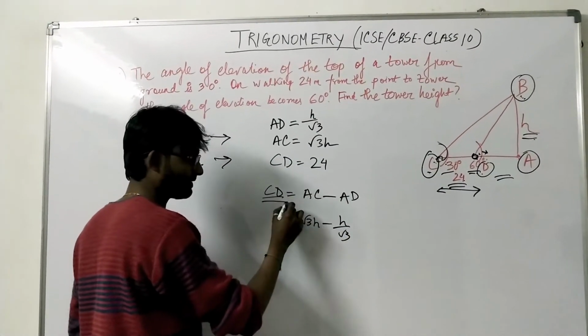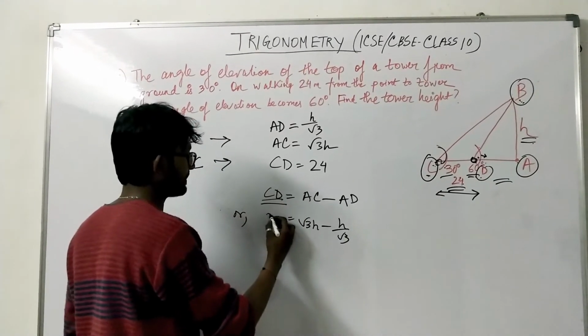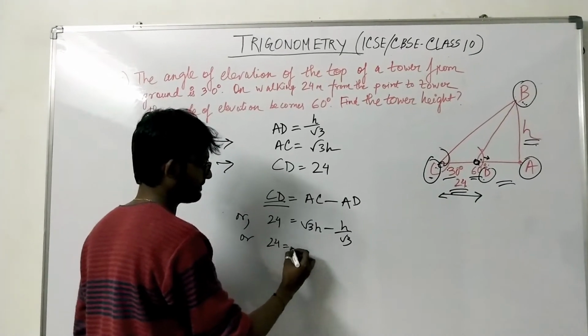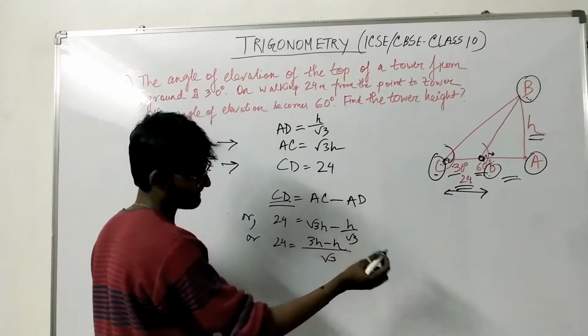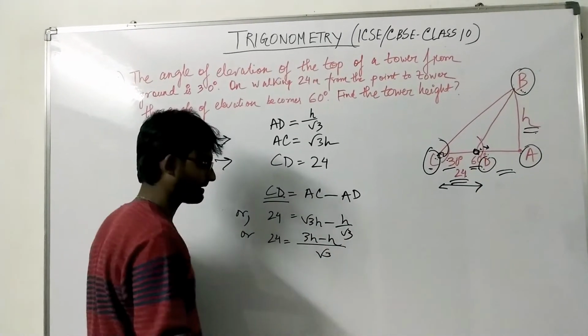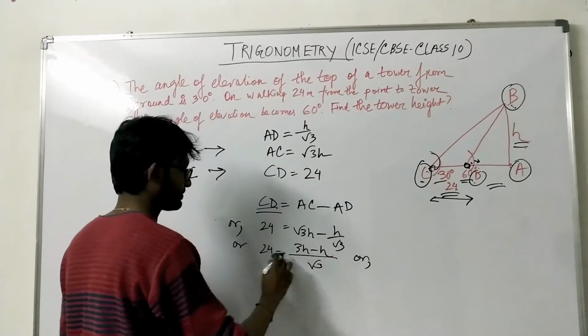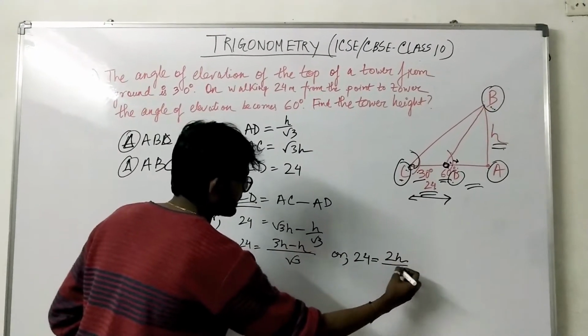So AC is equal to root 3 h, and AD is equal to h by root 3. And we know the value of CD. Now we are forming the equation. CD is equal to 24. If I do the LCM, 3h minus h over root 3, so 24 is equal to 2h by root 3.